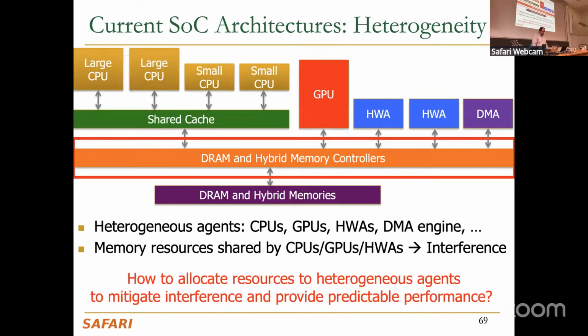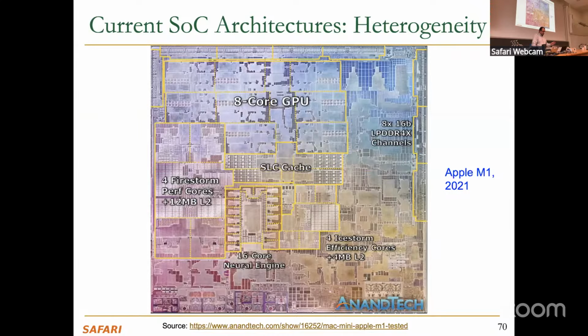Unfortunately, I don't have time to go into detail of these works. Some works that we have done in this line, I'm only going to flash the papers, just to let you know, so if you're interested, you can check the details later. So yeah, heterogeneity is everywhere.